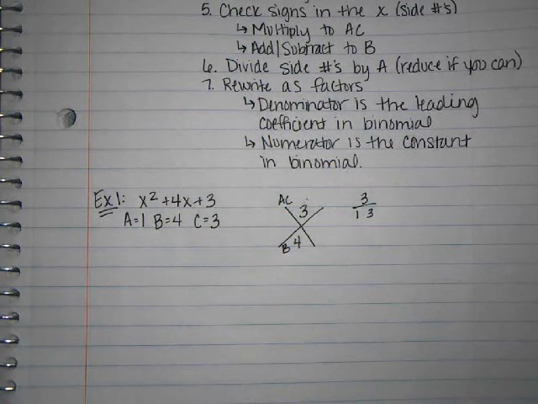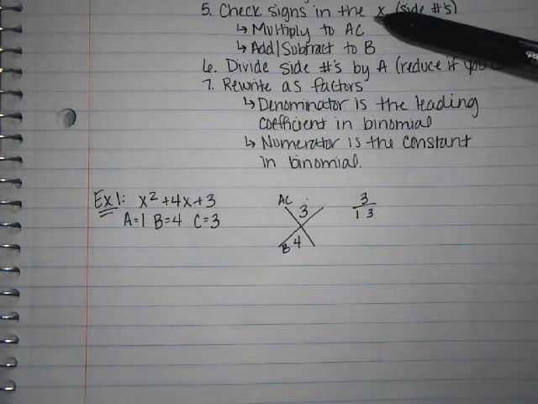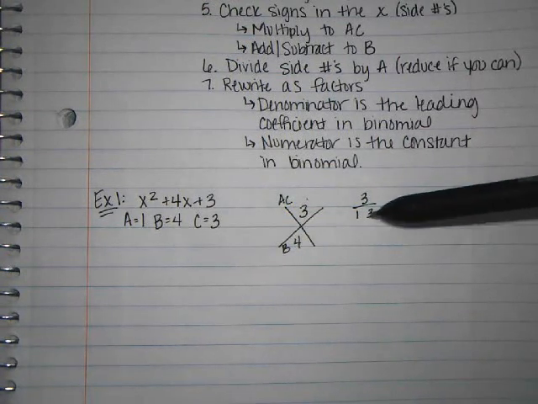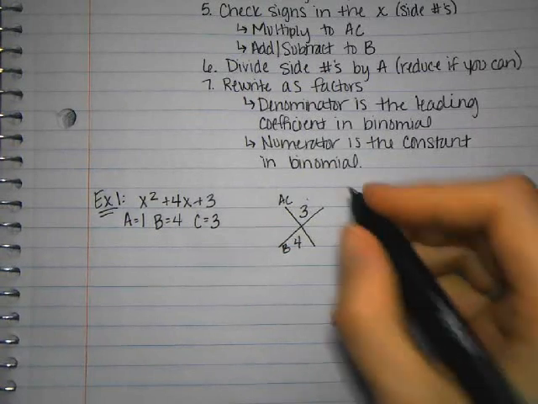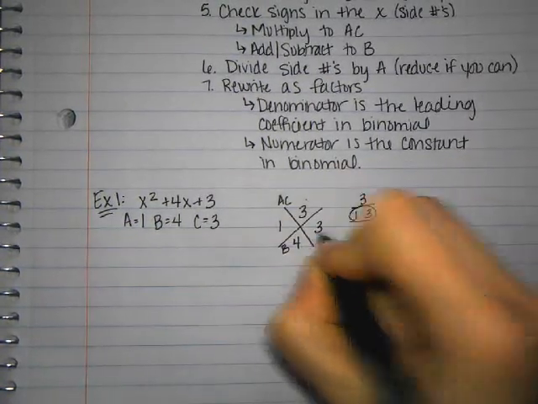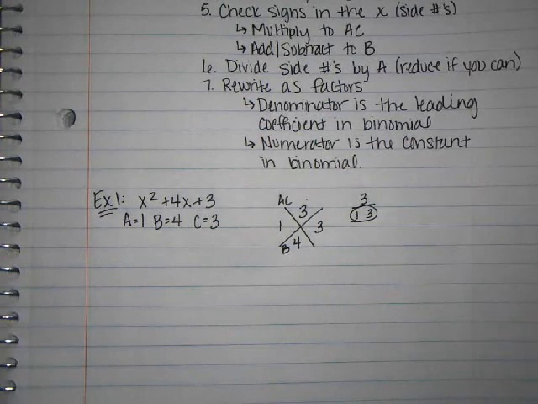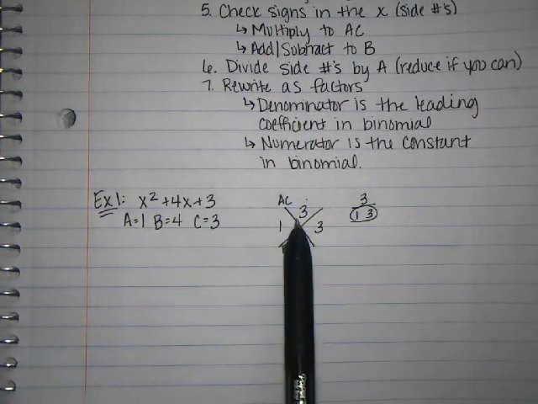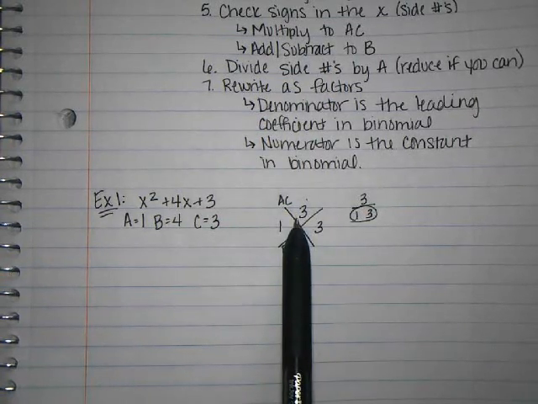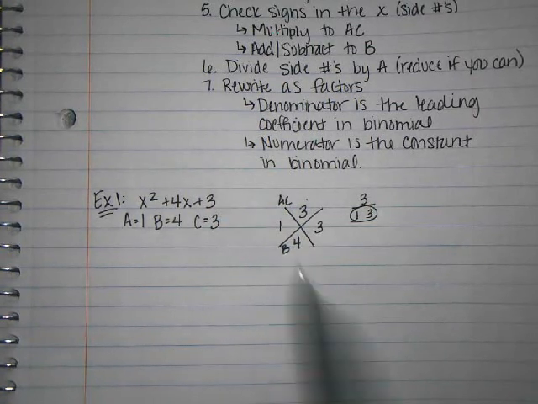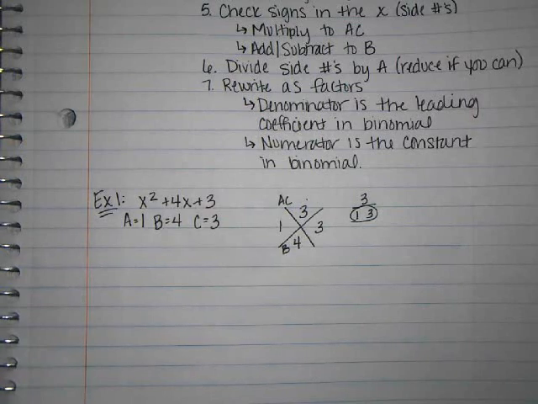Like the side note says, if our AC is positive, we're looking to add. 1 plus 3, there is only one multiple anyways. 1 plus 3 is 4, so 1 and 3 go on the side. Number 5 is asking to check for signs. So this is where I would check. 1 times 3 is positive 3, so we're good to go there. And 1 plus 3 is 4, also good to go there. So step 5 is done.